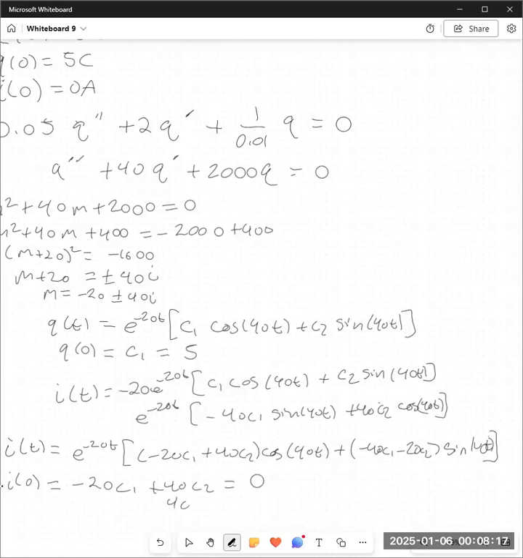So, sorry, this is negative 100 plus 40 C2 is equal to 0. So 40 C2 is equal to 100, and C2 is equal to 5/2.